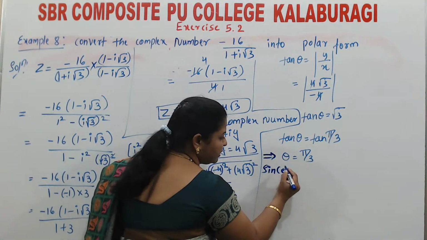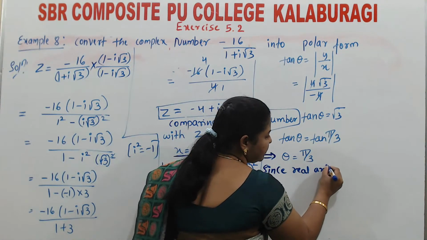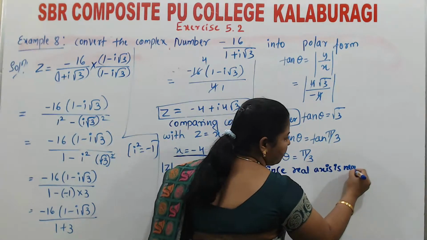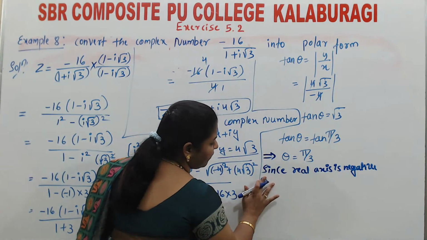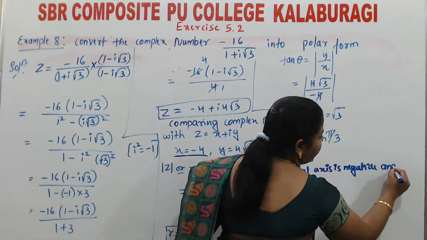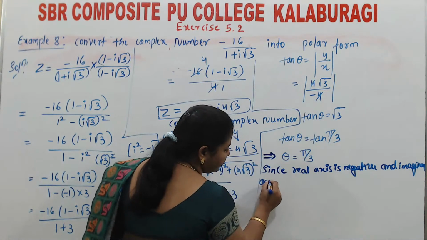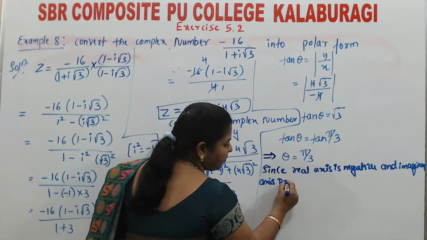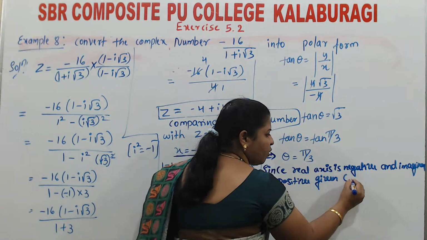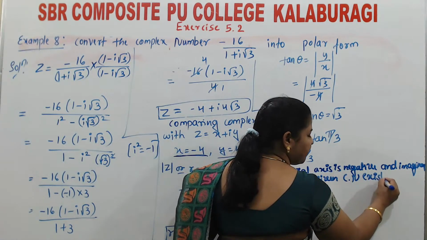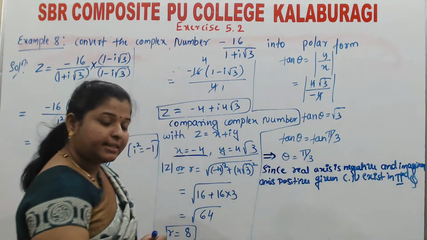Since the real axis is negative and the imaginary axis is positive, the given complex number exists in the second quadrant.